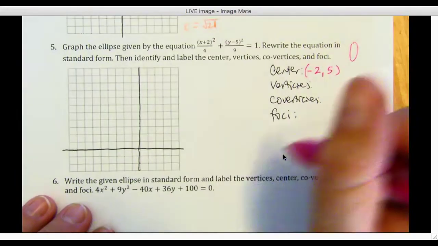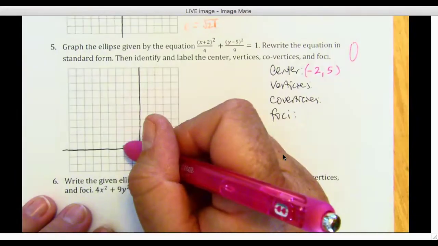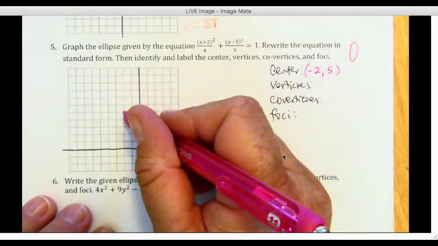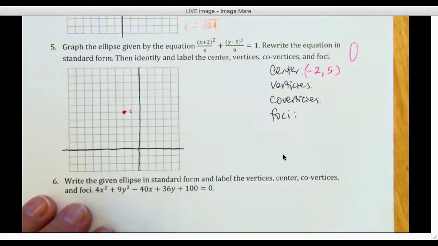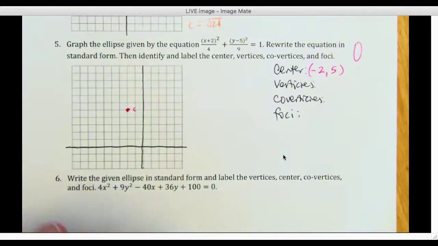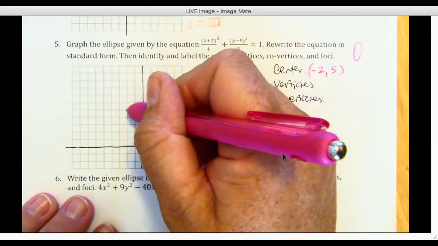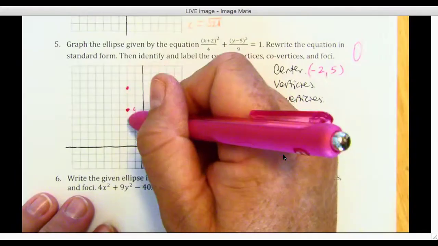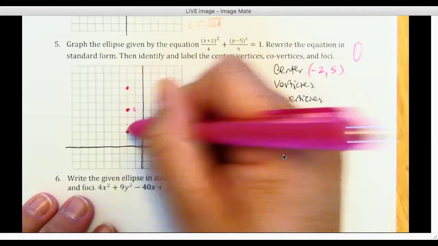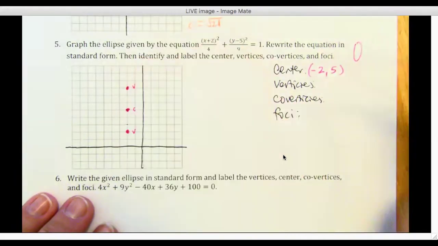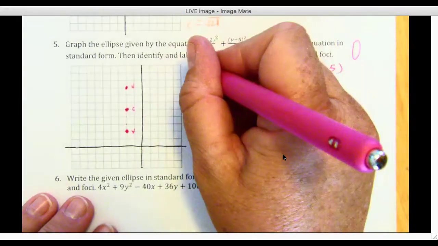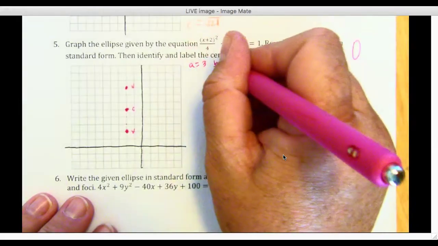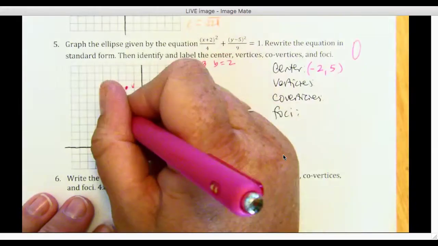So I have negative 2, 5, and that is my center. And then I know it's a vertical ellipse, so I'm going to be going up 1, 2, 3, and down 1, 2, 3 for my vertices. And my co-vertices, so A equals 3 and B equals 2, out 2 to each side.